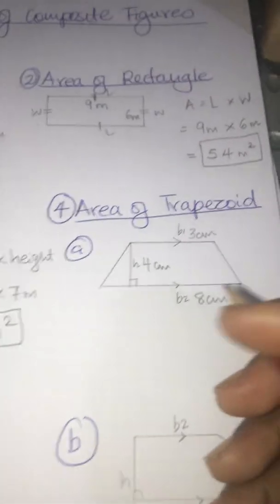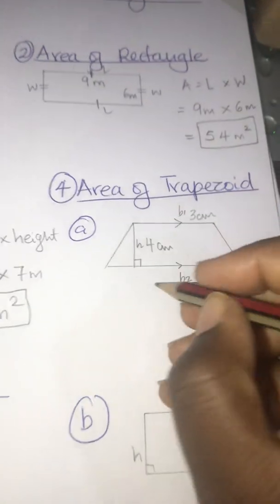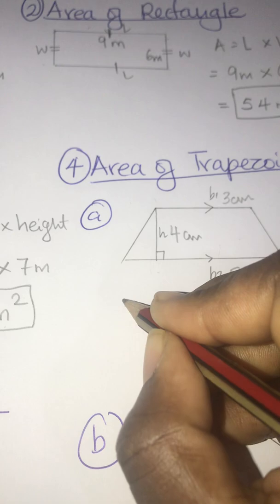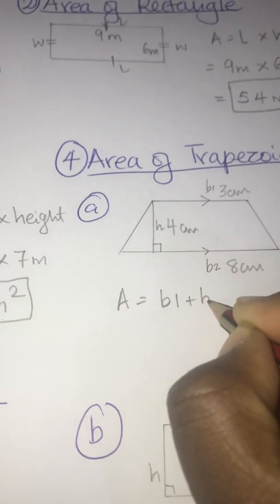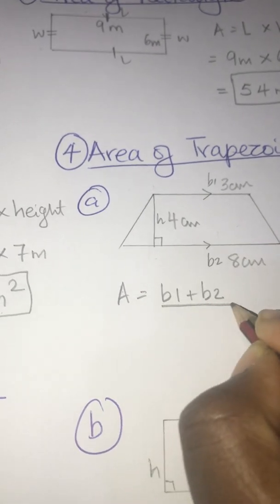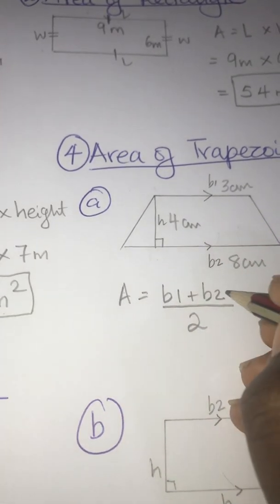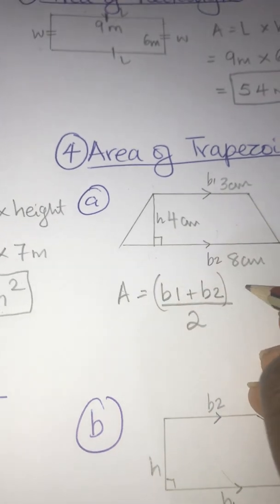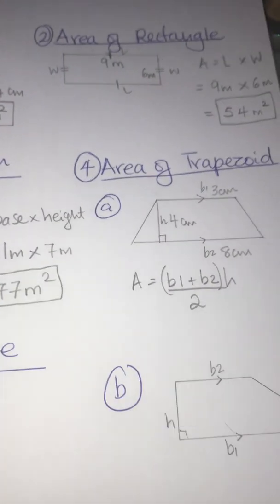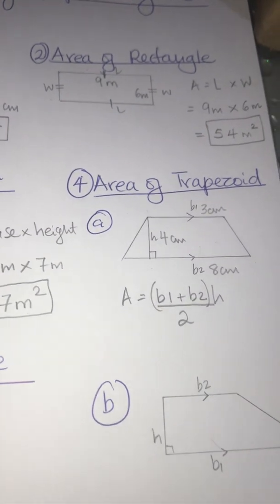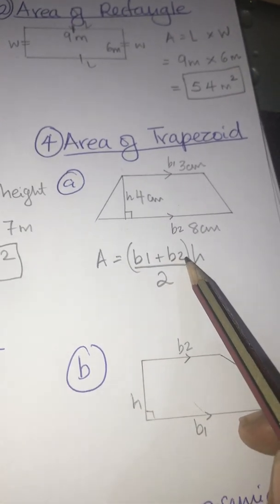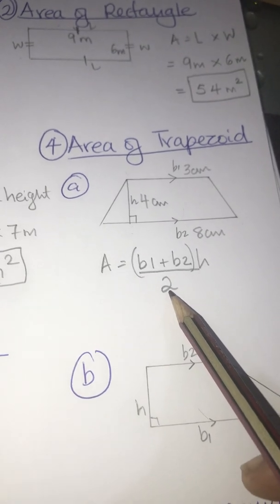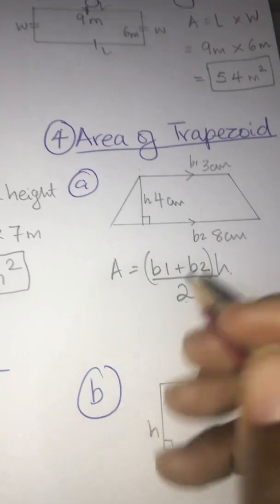So if I want to find the area of a trapezoid, I have to follow the formula. Area equals base 1 plus base 2, divided by 2, and then I multiply by the height. Okay? So that is how I find the area of a trapezoid. I will add base 1 and base 2 together, I will divide by 2, then I will multiply by the height.